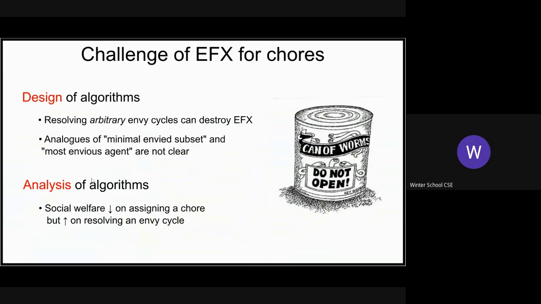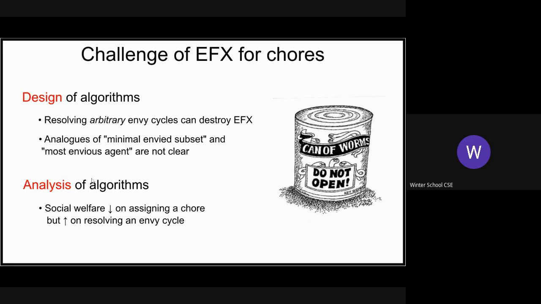In terms of the analysis as well, there are some difficulties with chores that don't show up with goods. When you assign a chore to somebody, the sum of utilities of the agents drops; the social welfare drops. But when you resolve the NV cycle, the social welfare improves because people are becoming happier.